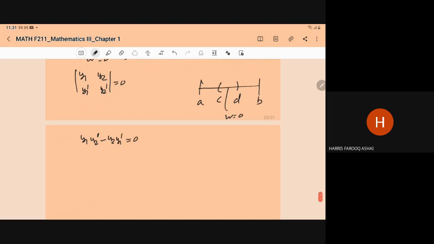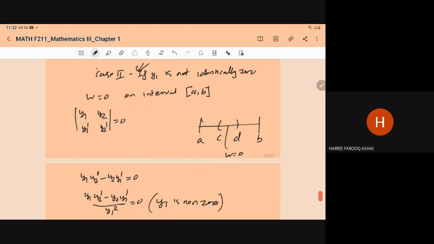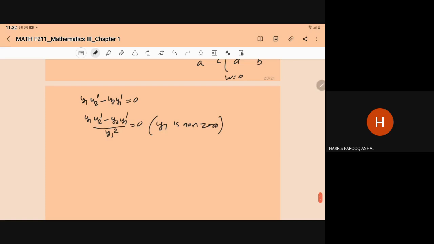If you divide it by y1 square, then y1 y2 dash minus y2 y1 dash upon y1 square is also 0. Why can we divide by y1? Because y1 is non-zero, which we assumed in the start, not identically 0. And what is this? This is the derivative of y2 upon y1 equal to 0.